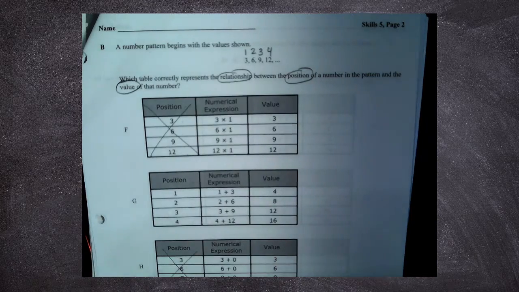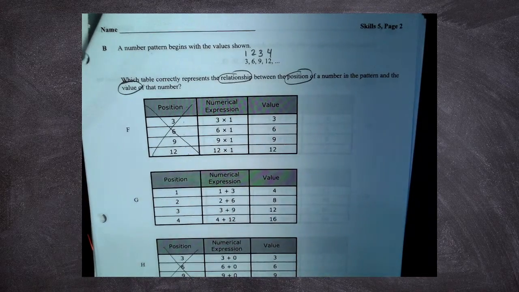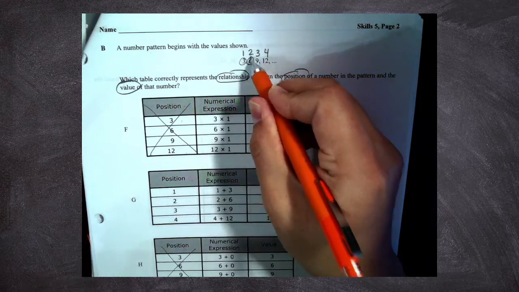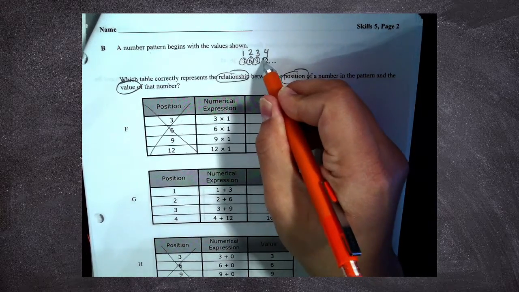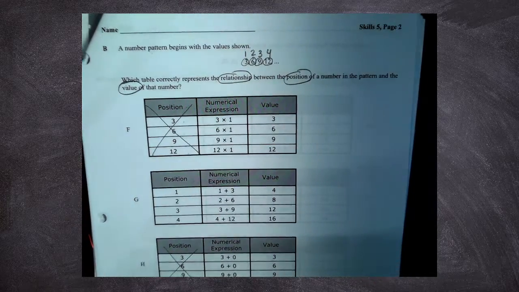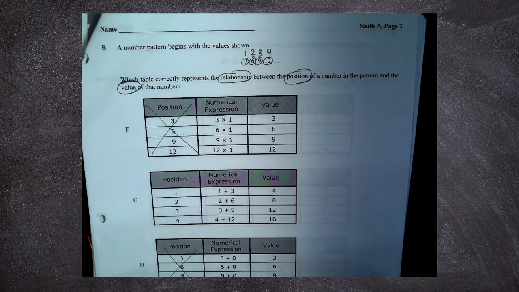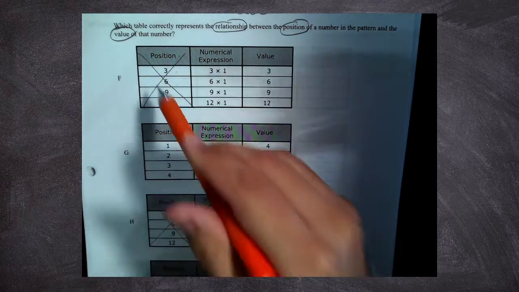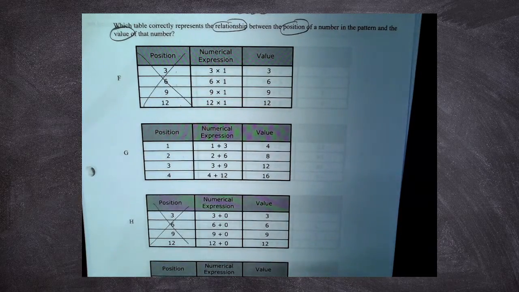Position is the simplest one to find. Value comes next. Values are the numbers that they gave me: 3, 6, 9, and 12. So my values are 3, 6, 9, 12. I don't need to check answer choice F because I marked it off already.